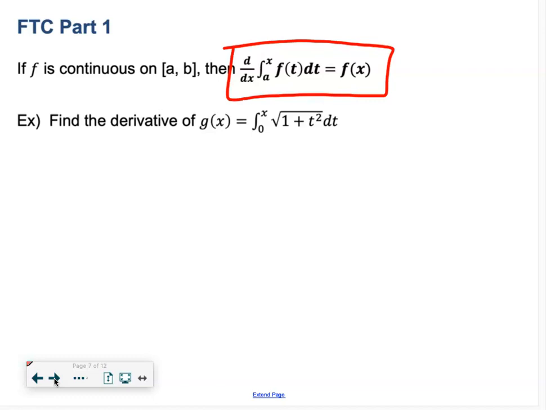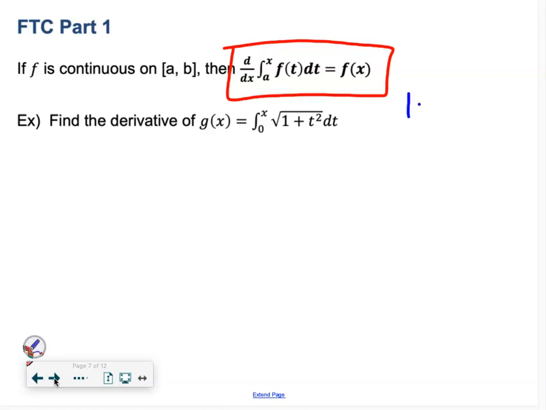So FTC part 1: if f is continuous from a to b, then the derivative of the integral from a constant to x of f of t dt equals f of x. This is only when you have a derivative of an integral. It's kind of weird. This is all about finding a derivative of an integral. And how do I recognize it?